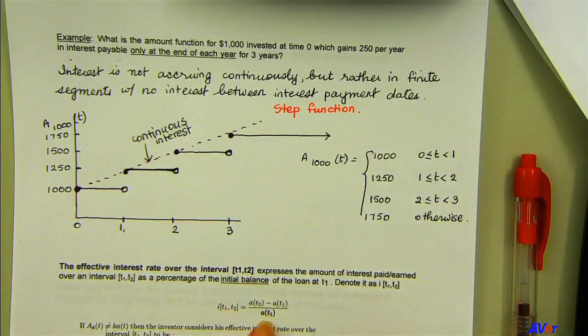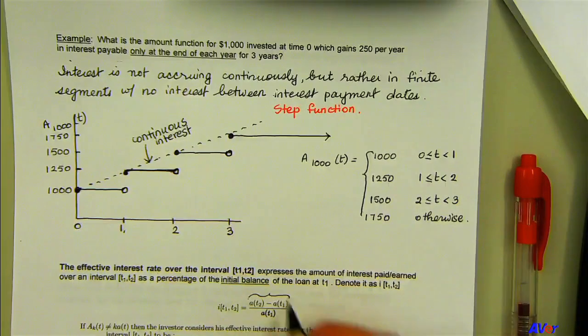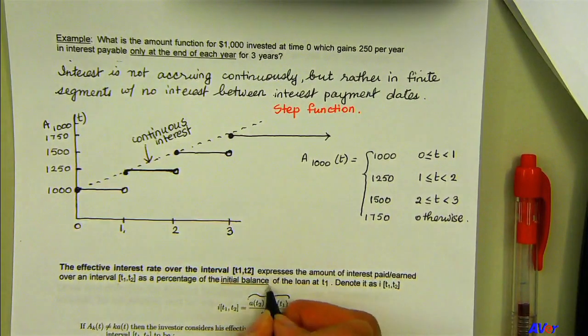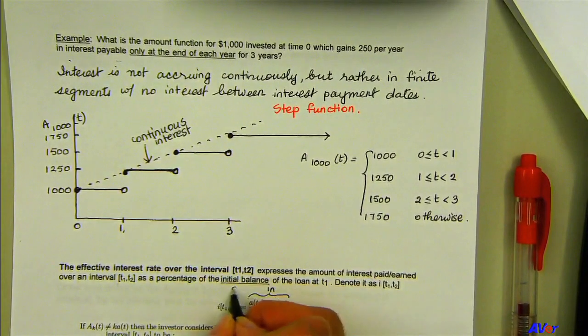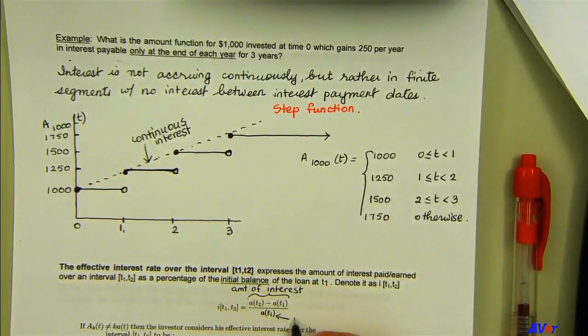It's saying the interest rate is the amount of interest, which is the difference between the accumulation function at T2 and the accumulation function at T1. So here's the amount of interest divided by the initial balance, meaning at the beginning of your interval.